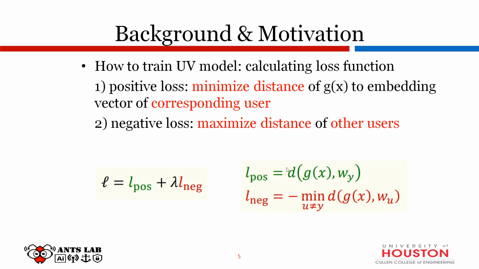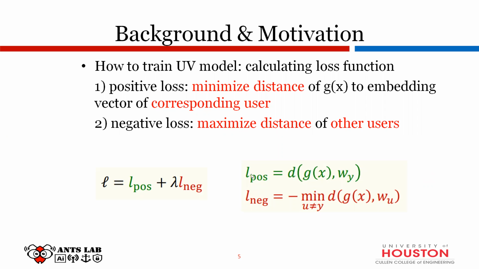The positive loss determines the distance between gx, which is the output of the data, and wy, the corresponding user embedding. So wy here, the y means yourself. The negative loss is the opposite, which is the minimum of the distance between gx and wu. This u means it's from other users besides you.